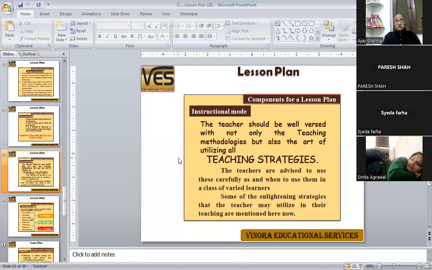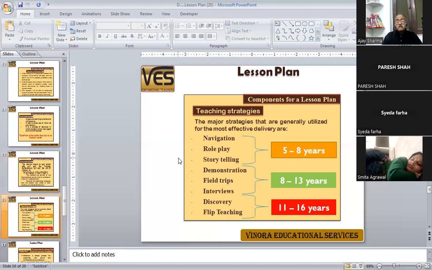Now, some of the strategies that are generally utilized in the classes for teaching purpose are here. The major strategies that are generally utilized for the most effective delivery are for 5 to 8 years, which means class 3: navigation, role playing, storytelling, demonstration.